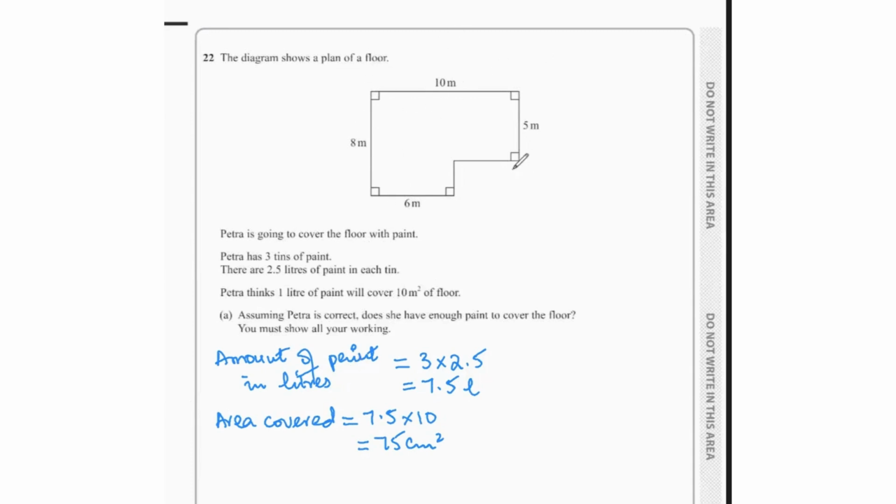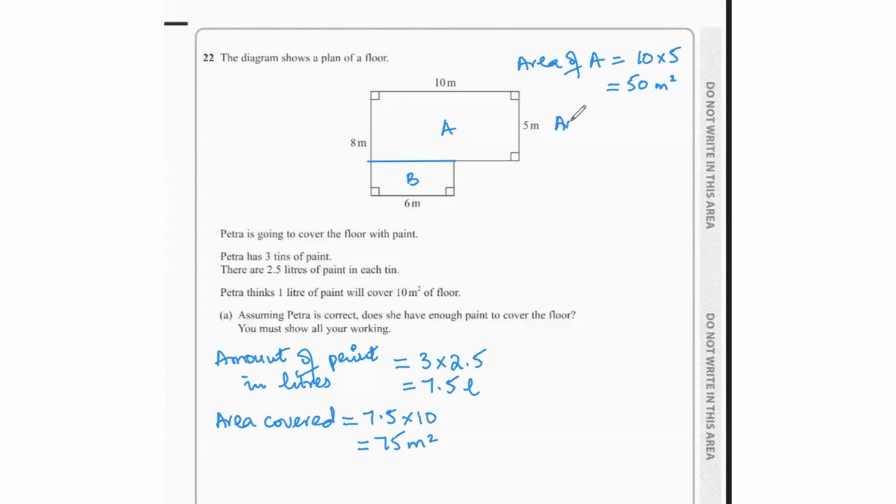Now we find the area of the plan. To find the area of this plan, we can see that it's a composite shape. So let's divide the shape into 2 parts. This is A, this is B. We find these areas separately and then add them up. So area of A is 10 times 5, which is 50 meters square.